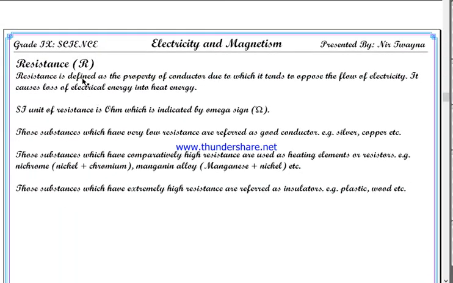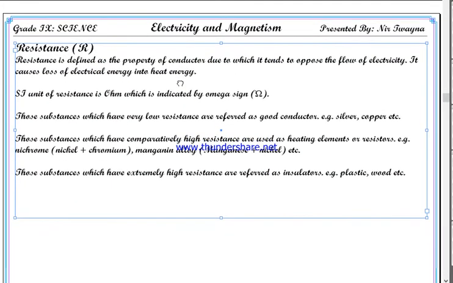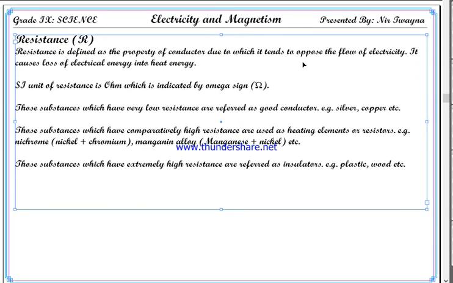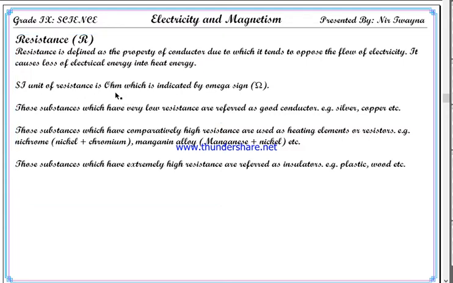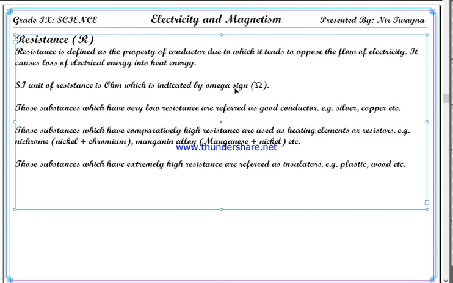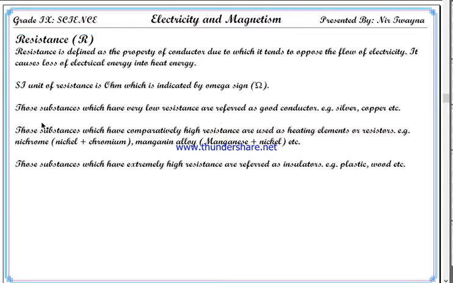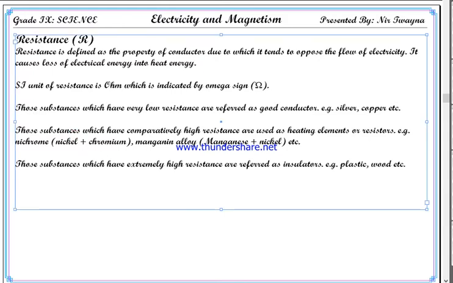It is defined as a property of a conductor due to which it tends to oppose the flow of electricity and causes loss of electrical energy into heat energy. If the electrical energy cannot pass through, then it will be converted to heat energy. The SI unit of resistance is ohm, indicated by the omega sign. Now, the relationship between resistance and the nature of material.